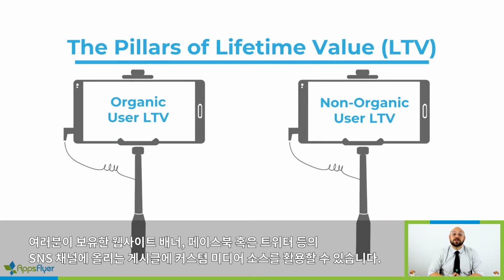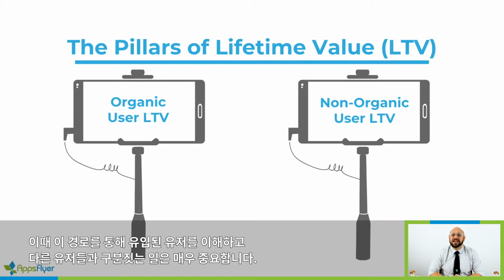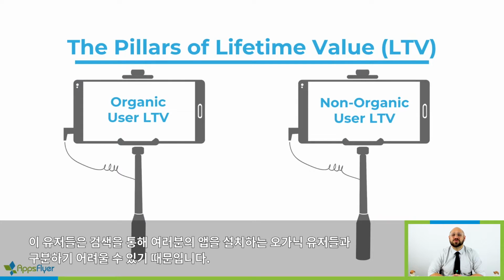So you can use custom media sources to understand when somebody installs from, say, a banner on your website, or a post that you make on Facebook, Twitter, or any other social platform that you're using for marketing. And it's very important to understand those users and segment those users out, because you don't want to mix them into your pure organic users who just go to the store and download your app.